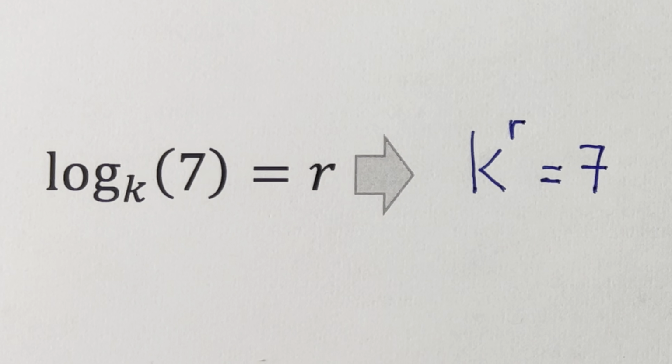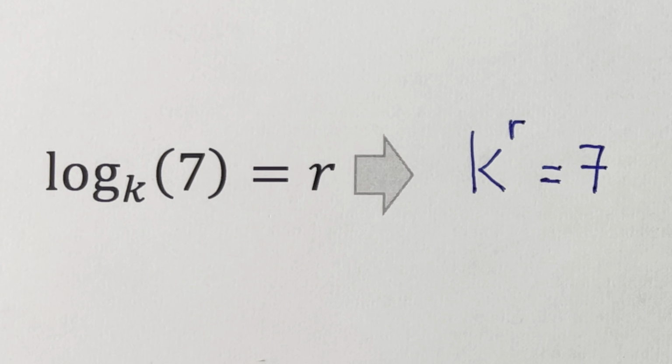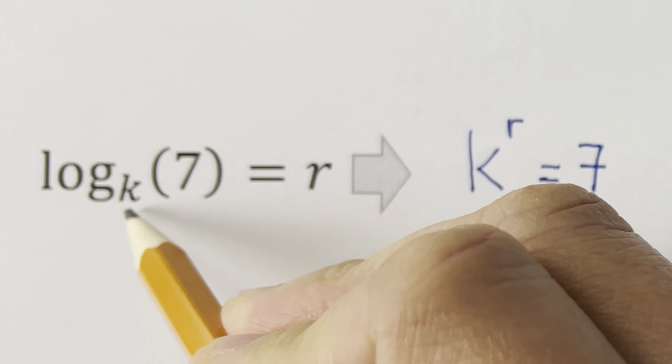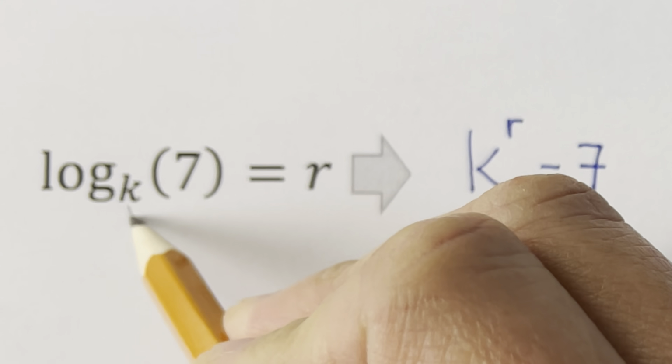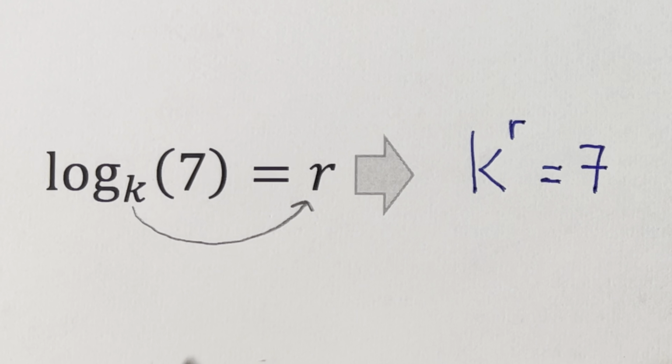Now, I'll give you a trick on the fastest way to change a logarithmic form to its equivalent exponential form. So first, this is the pattern. We are going to start from the base. We are going to go to the r. So this is read as k to the power r. So I'm going to write that down here.